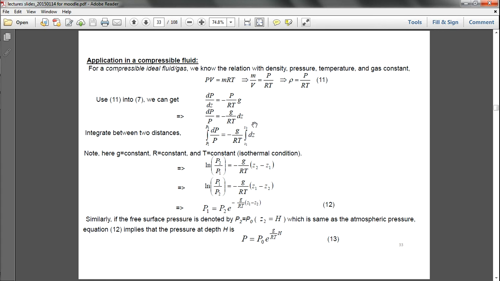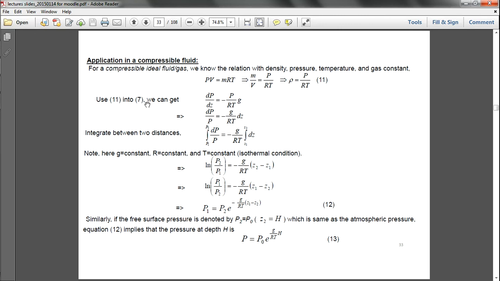For compressible, we treat it as an ideal gas, or ideal fluid. So we will use PV equals mRT, if you remember. You rearrange: you get rho equals pressure over RT. Volume you bring over here, RT you bring down, so mass over volume, which is density, equals P over RT.